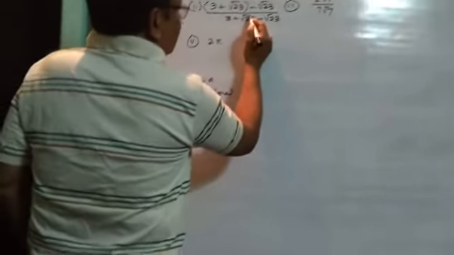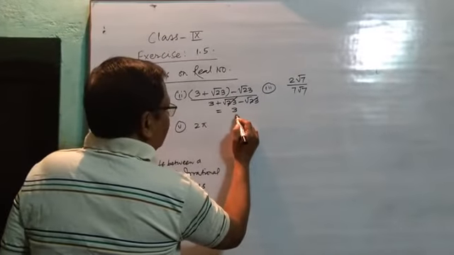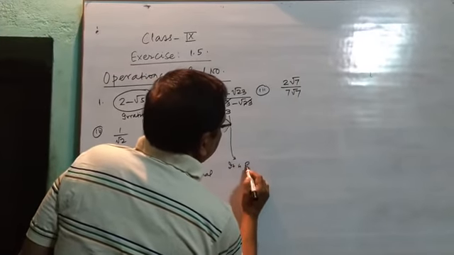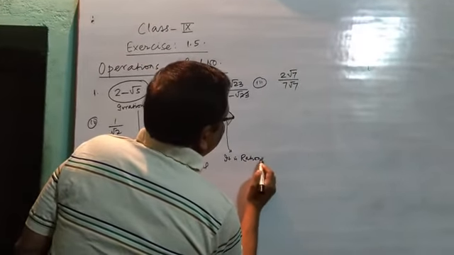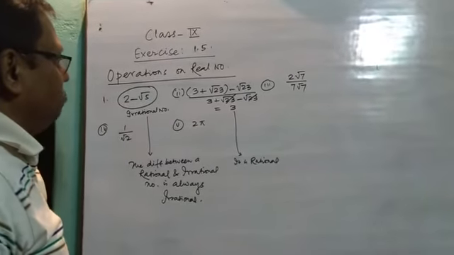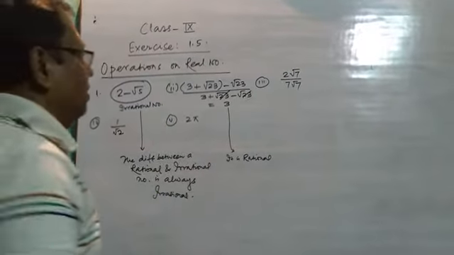These two will be cancelled out because they have opposite signs. The result will be 3. It is rational. Simply by calculation we find that the irrational part is cancelled out and 3 is the answer, and we know that 3 is a rational number.